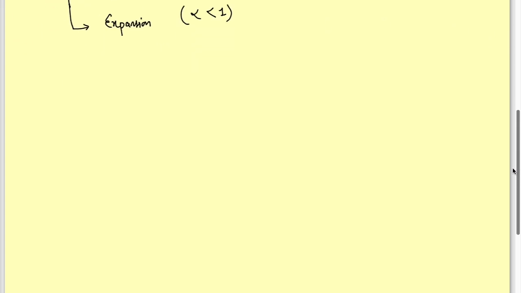Let us take first time compression, where alpha is greater than 1. My signal x of t is something like this.